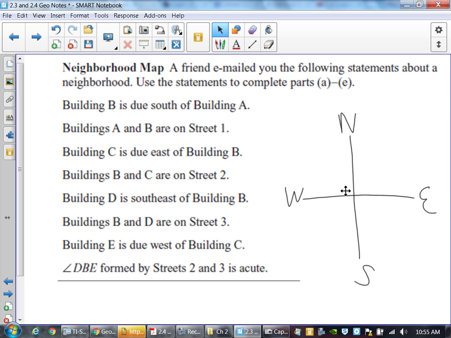What I want to do is we're going to draw what this looks like. So the first thing it says is that building B is due south of A. When something is due south, due east, due north, what does that mean? That direction. If I say Chicago is due east of here, it's east, it's directly east.